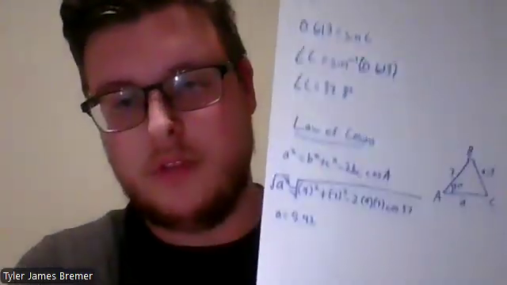In doing that, you get that side a will equal roughly 5.42. Yeah, it's roughly 5.42. This will allow you to do the law of sines to find other things. And yeah, that's about it.